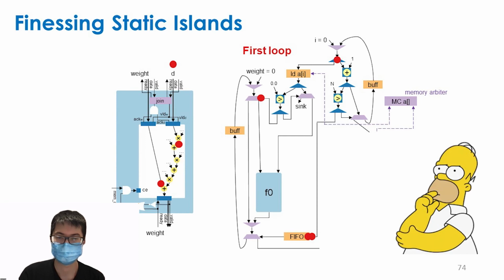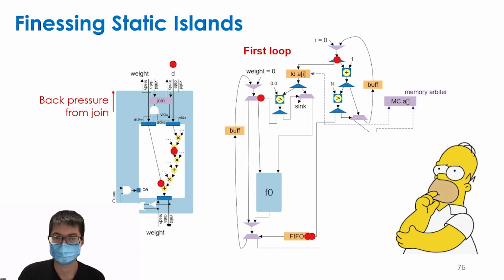However, the second input is blocked by the join, waiting for the second weight, even though we don't need to wait at the beginning of the execution.